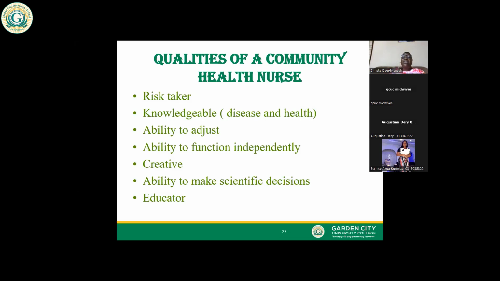That you should be knowledgeable in terms of disease and health. What do we mean? You should have the ability to adjust, the ability to function independently, the ability to be creative, ability to make scientific decisions, and you should be an educator. Take any one of them and let's get interactive as we discuss this.